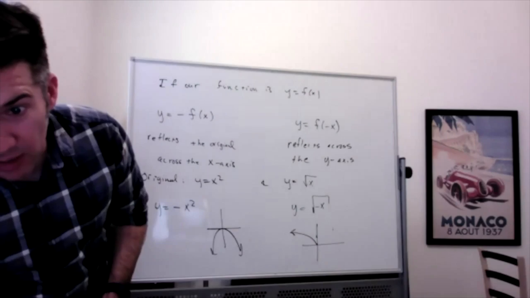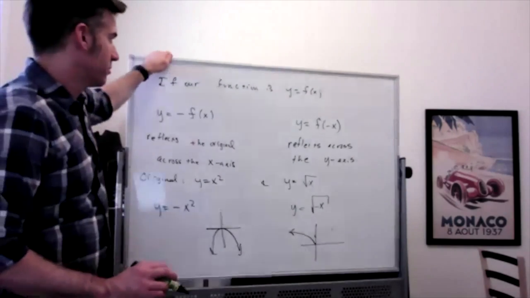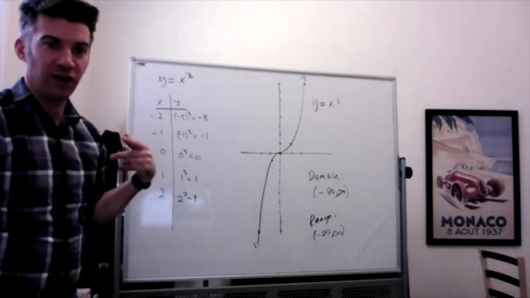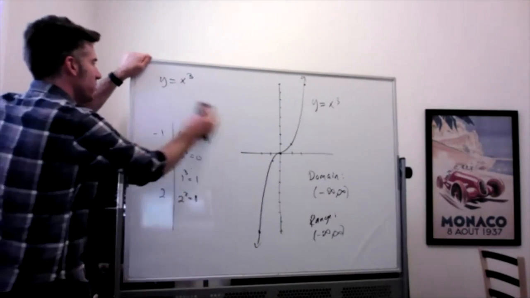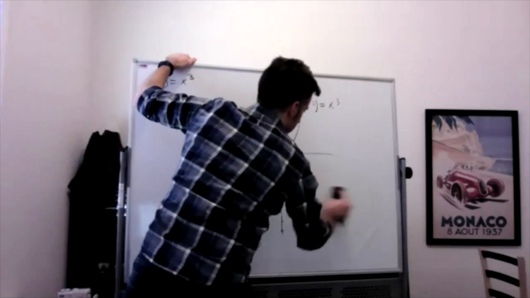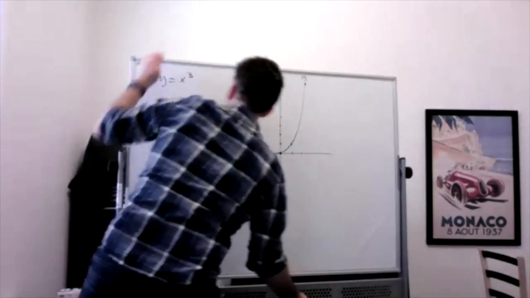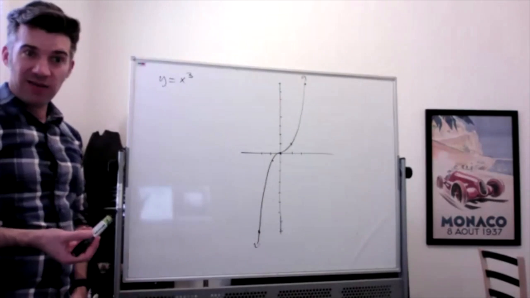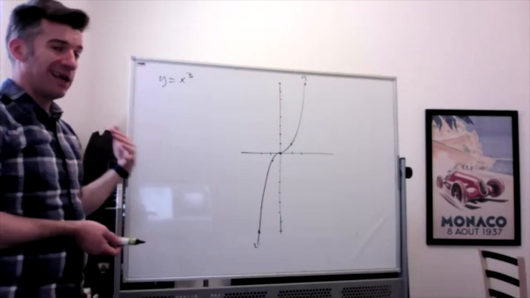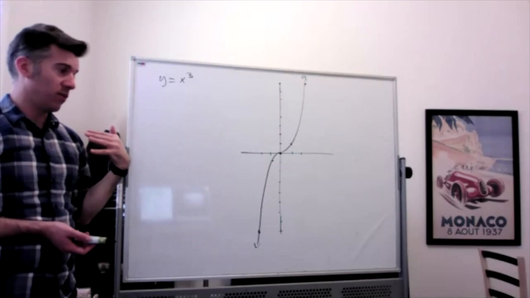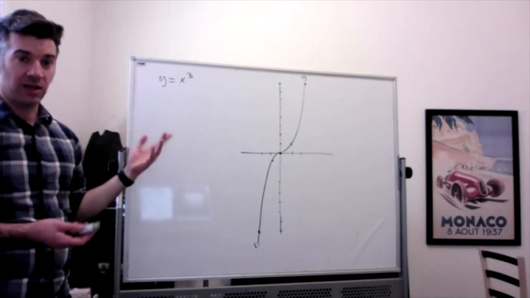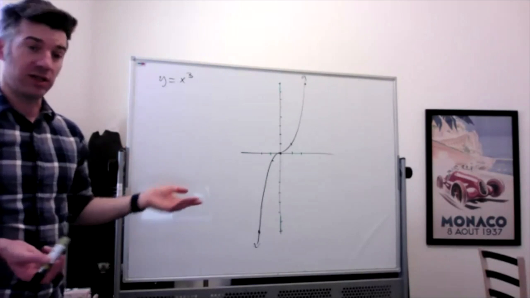Let's look at a couple more examples. Well, in fact, here's an example that's not all that good. So if you look at this function, it might not be obvious, but we can kind of see that whether you reflect this across the x-axis or across the y-axis, both of those reflections are actually going to look the same.